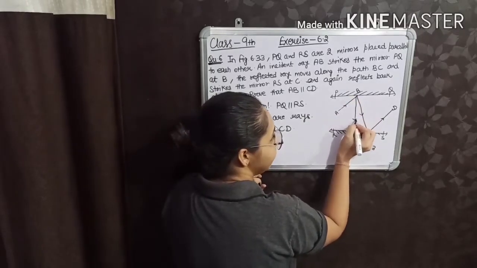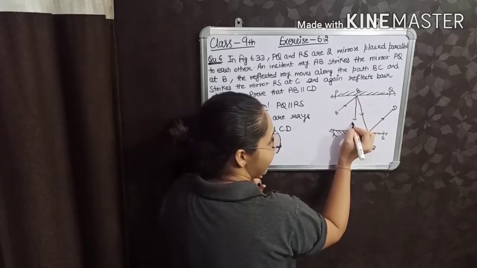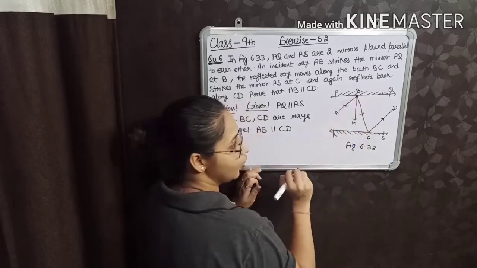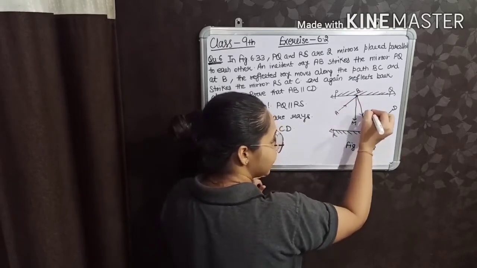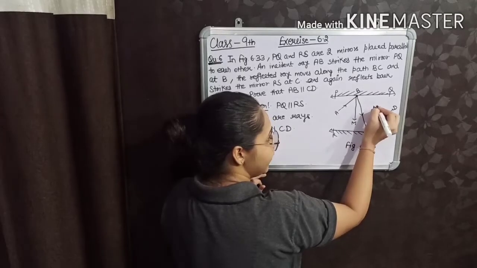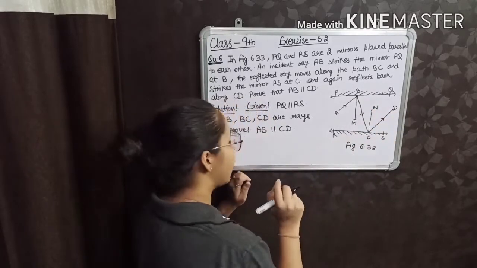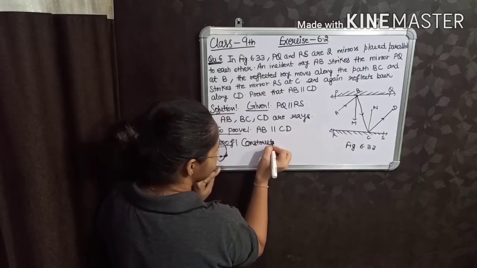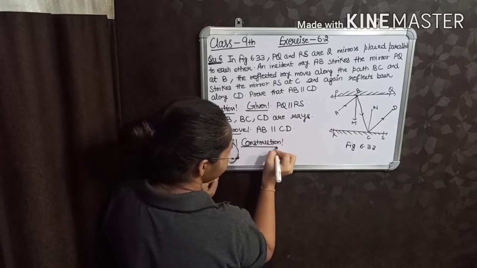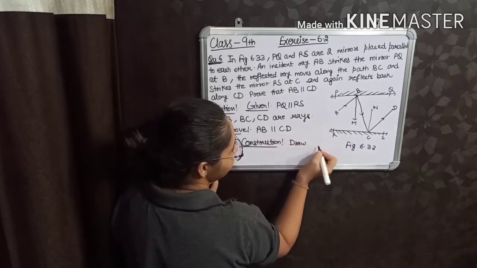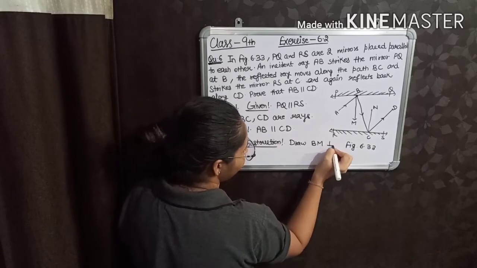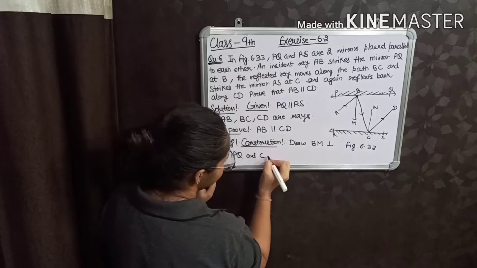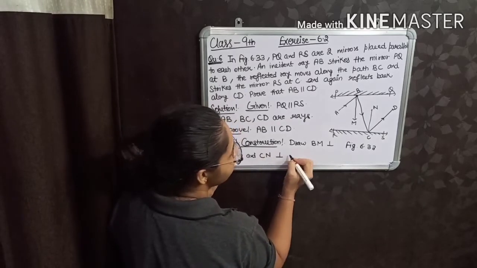I am making BM as a perpendicular on mirror PQ, and similarly I am making CN as a perpendicular on mirror RS. Construction: draw BM perpendicular on PQ and CN perpendicular on RS.